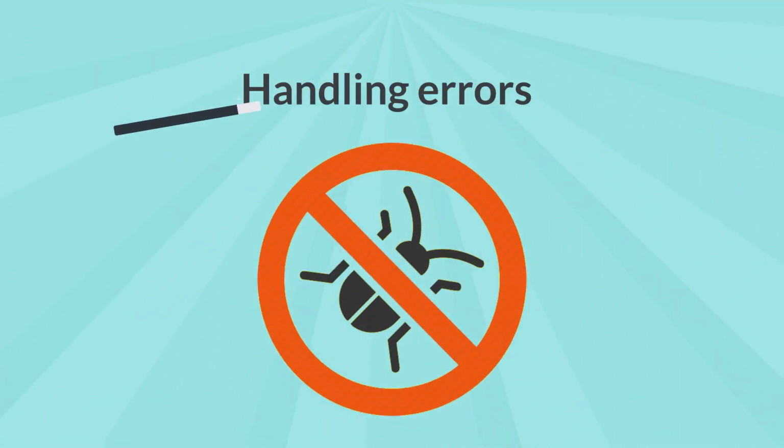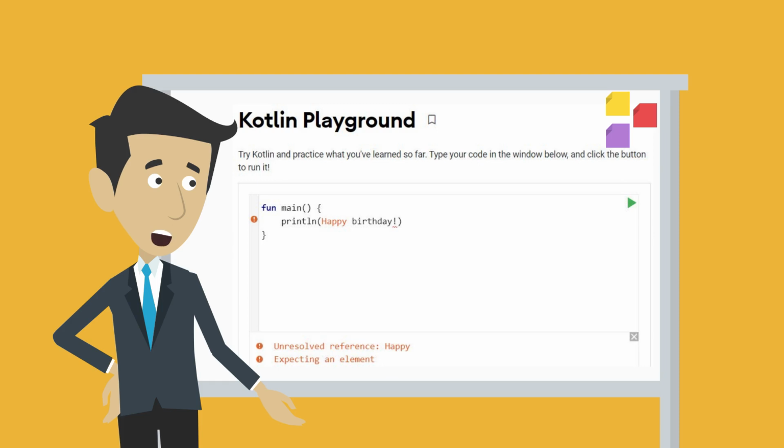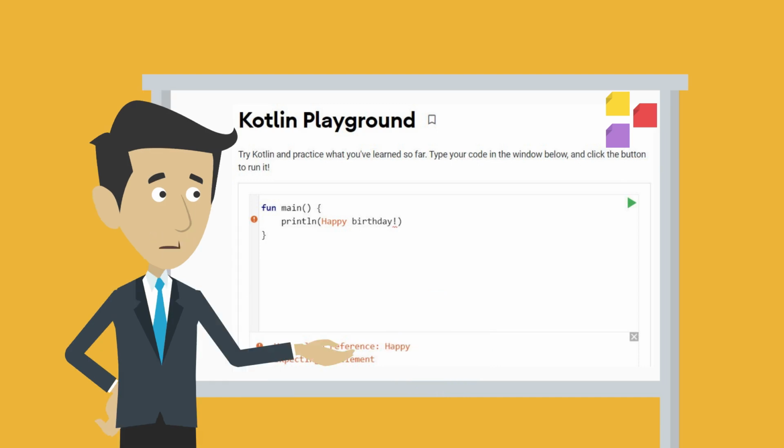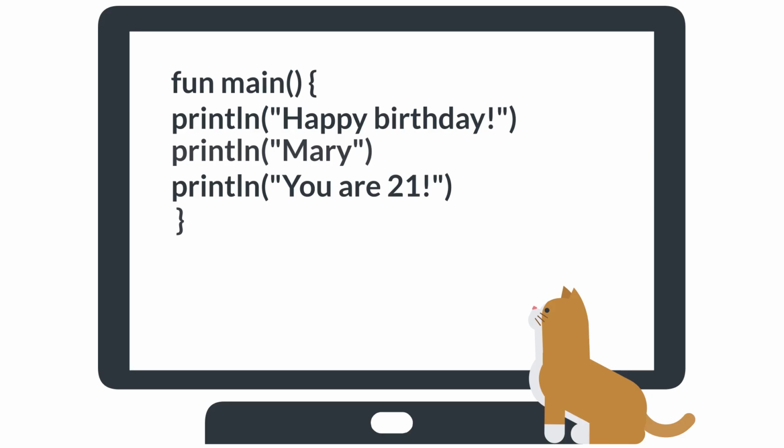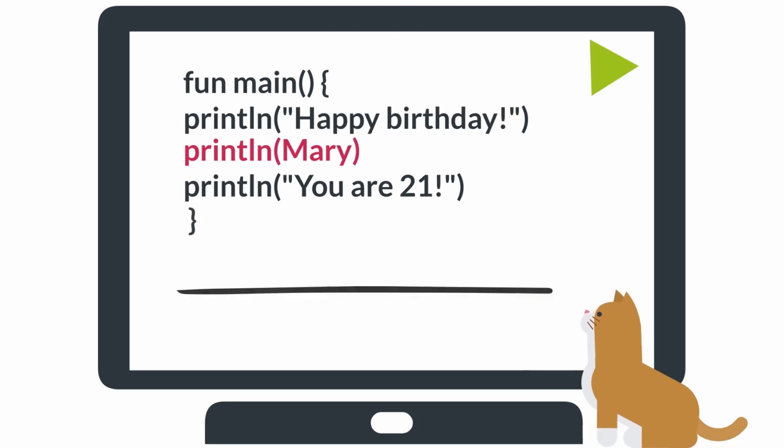Handling errors. It's normal to write a program with errors. Most tools will provide you with feedback to help you fix errors. In this step, create an error to see what happens. 1. In your program, delete the quotation marks around the text Mary. 2.